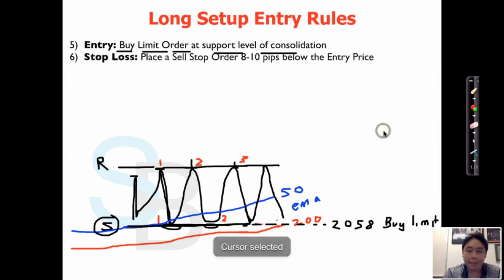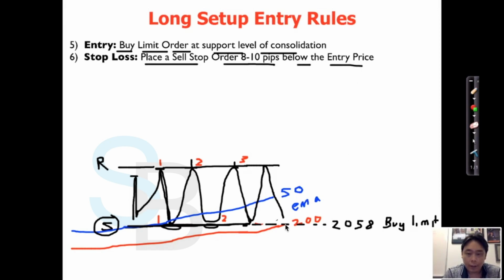Now, as I place that buy order, I would also simultaneously put in a stop loss, and my stop loss can be placed anywhere from 8 to 10 pips below my entry price. So that's my buy limit, and I'm going to put a stop loss, SL, which would be, say, at 2050.